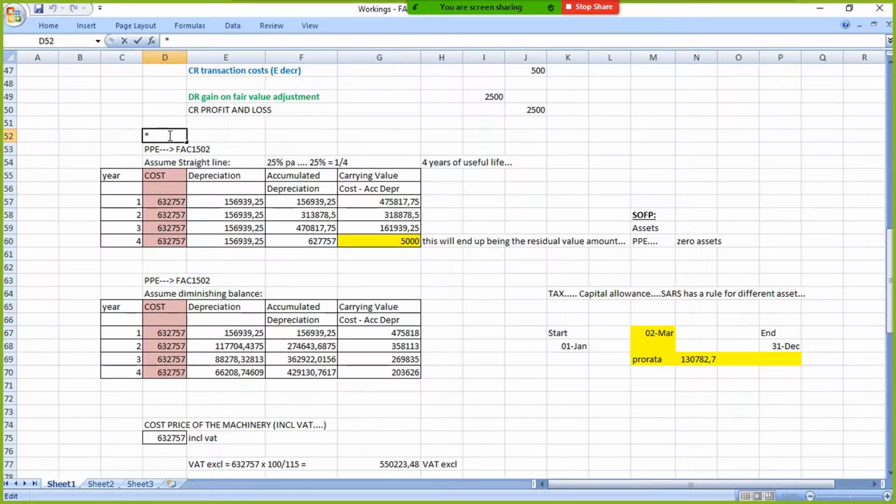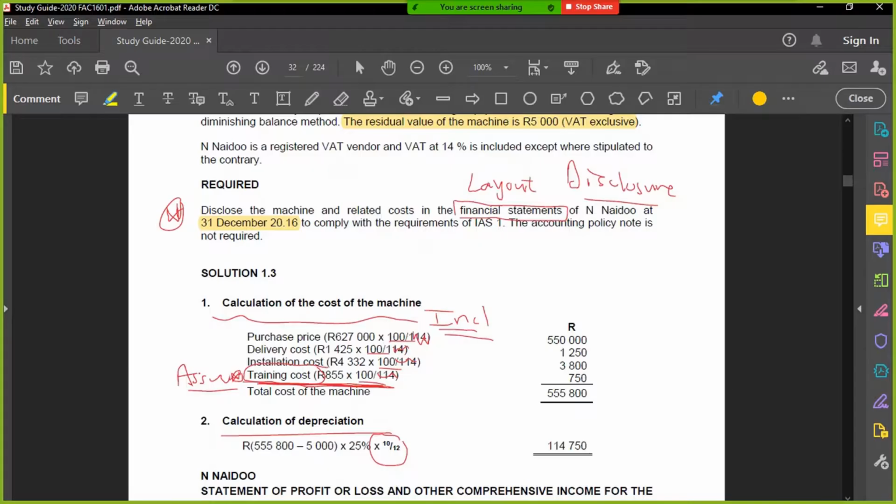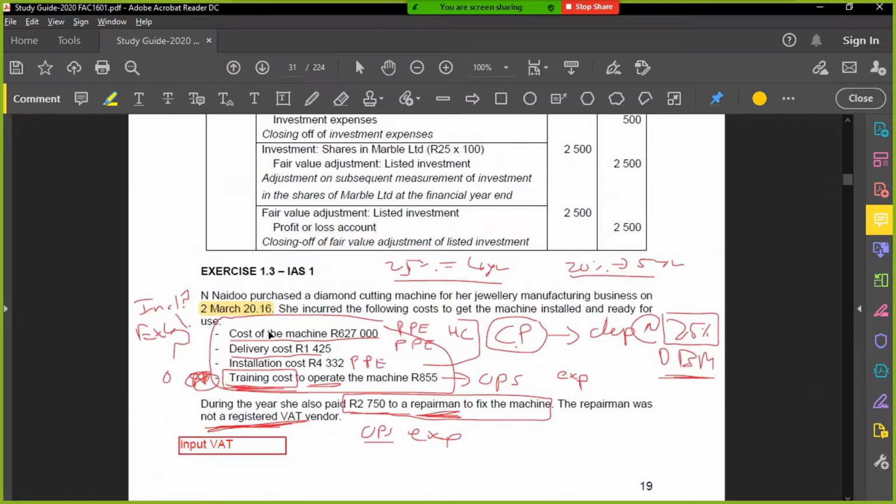This was when we looked at the question: assume the amounts were excluding VAT, and then just solve. That's what we initially went with, because we didn't know. We weren't sure what those amounts were representing, inclusive or exclusive.